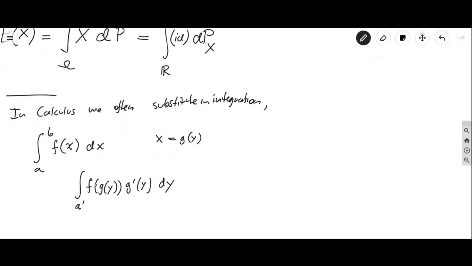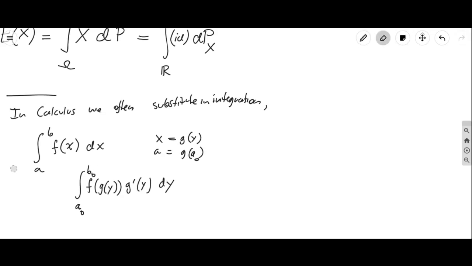And then the limits change. So the limits would be, let's say, a prime, b prime, where a prime and b prime, maybe I should not call them prime because that looks like a derivative, but maybe I'll call them a0, b0, where a0, b0 satisfy the following condition. Well, basically, it just has to respect the substitution. So if x is equal to a, then y should be equal to a0.